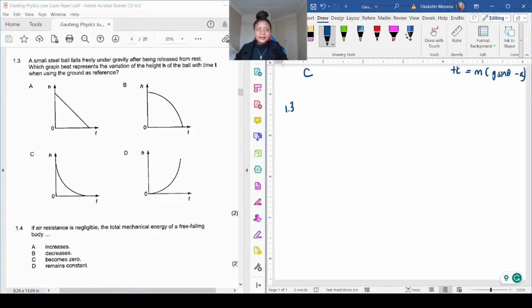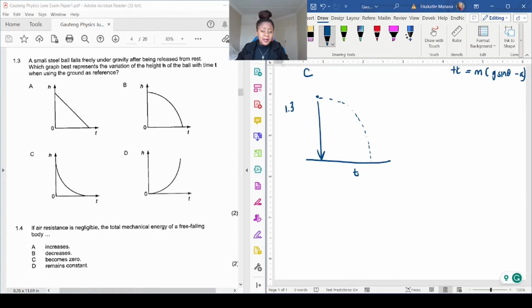If I think about it logically, I have my ground there, and this is my steel ball, and it falls, so it's going to go straight down. But the moment I introduce time, it does something like this. In this case, we will get B, because if I look at A, it's not a straight line. Your displacement versus time graph is not a straight line.